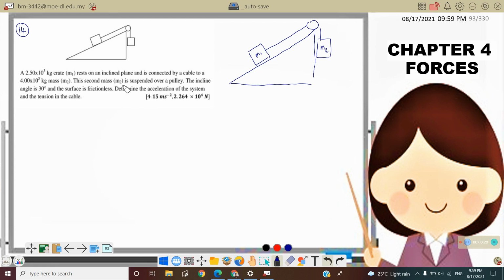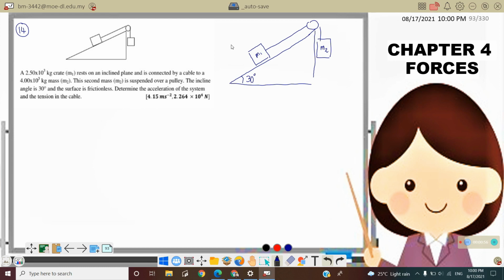This second mass M2 is suspended over a pulley. The inclined angle is 30 degrees and the surface is frictionless, meaning there is no frictional force. Determine the acceleration of the system and the tension in the cable. M1 is only 2,500 kg, M2 is 4,000 kg.